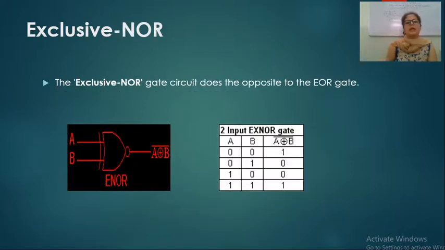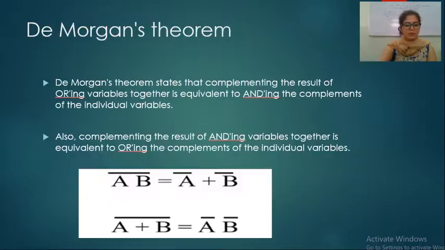Next is the XNOR gate. The XNOR gate is the complement of the XOR gate. We can simply produce an XNOR gate by complementing the output of the XOR gate. Another definition of the XNOR gate is that it will give high output only if both the inputs are the same.